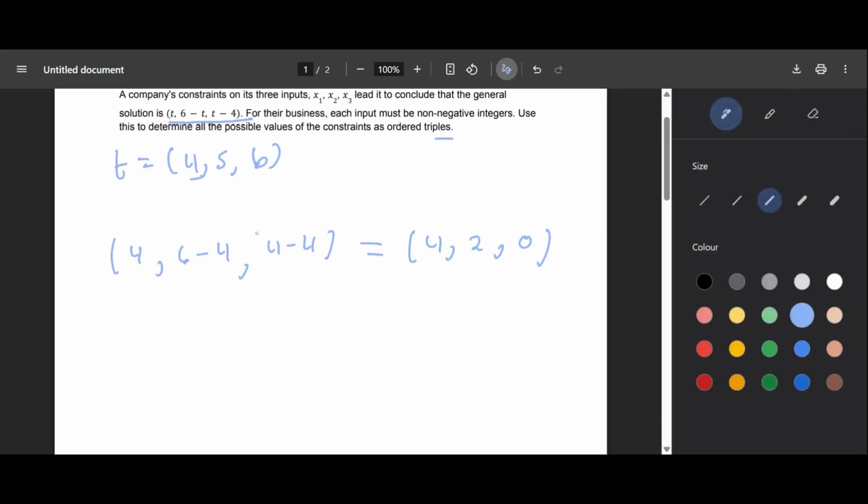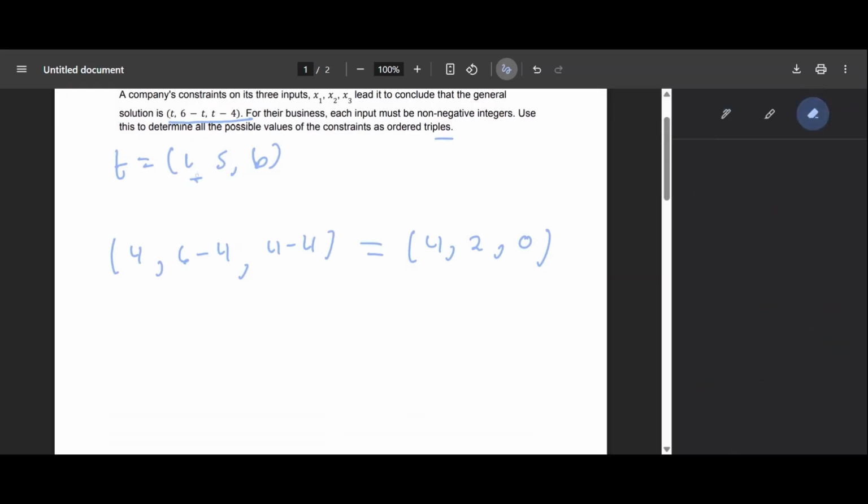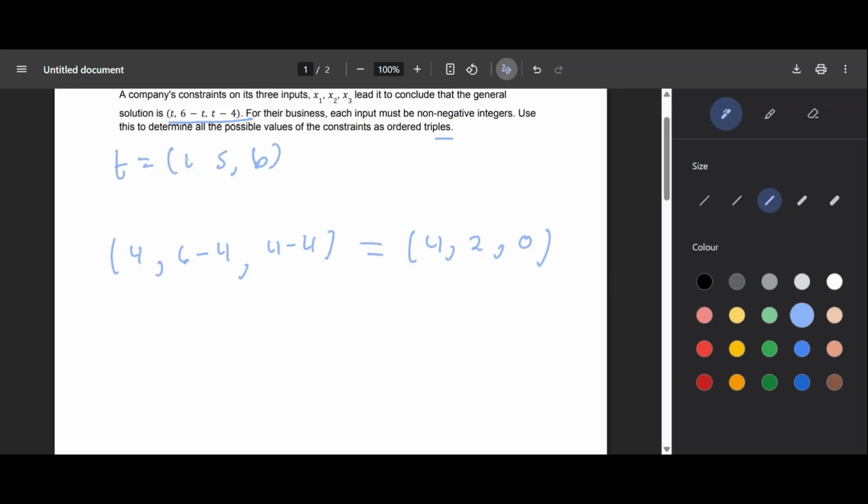Okay, so we just tested 4, and let me underline these in a different color, to make it a little more clear what I'm doing. All right, now we're going to test t as 5. And we know these are going to work. We're just trying to see what they look like. So we're saying t is 5. That's our first bit. And then we have 6 minus t. We're saying that t is 5.